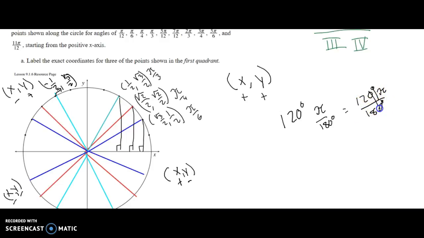Right, degrees cancel out, the zeros cancel out. 6 goes into both of these, so we get 2 pi thirds. So if we wanted to label this in radians, this would be 2 pi thirds radians.